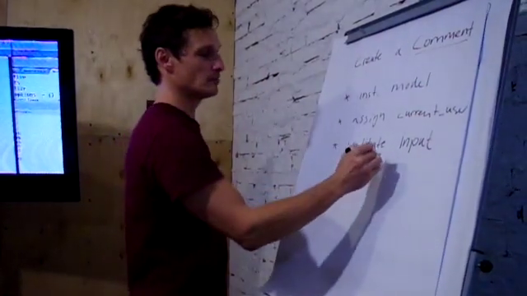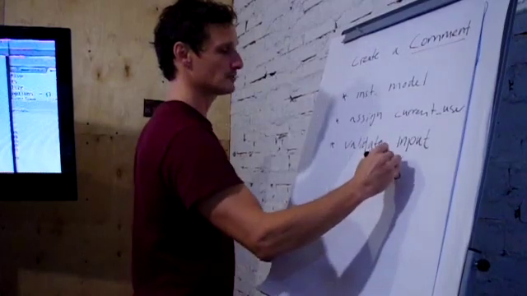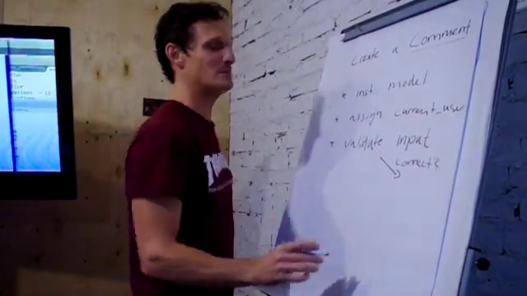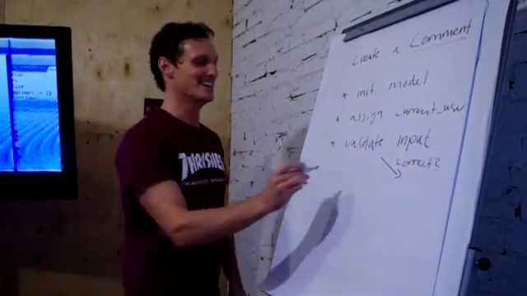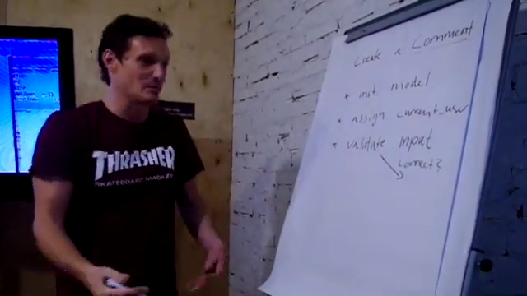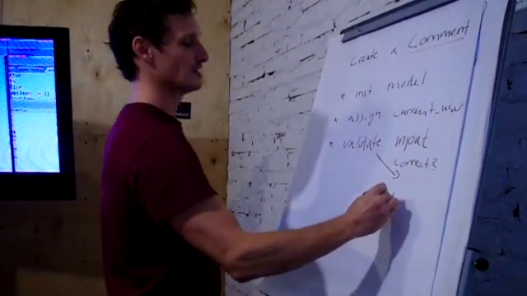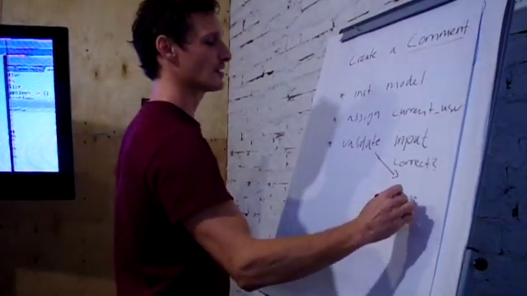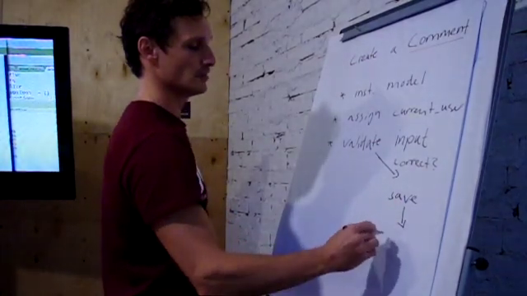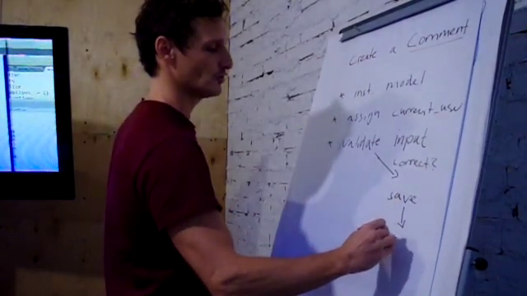And if the input is correct, you can see I'm already using BPMN notation here. Error with some string is BPMN. If the input is correct, save that. And if save worked, then, I don't know, send an email to the moderator.